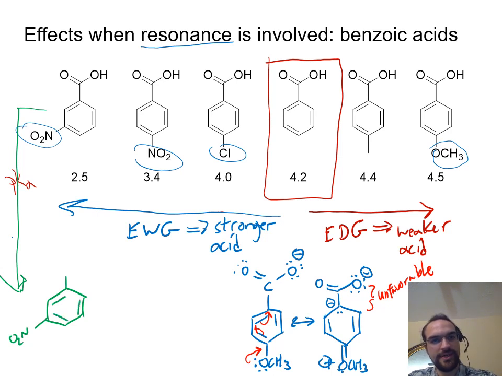So here's the conjugate base. Right, so how would this work? Let me actually draw out the nitro group here. Well, we know that the nitro group can accept electron density, which means it can draw electrons from the ring.